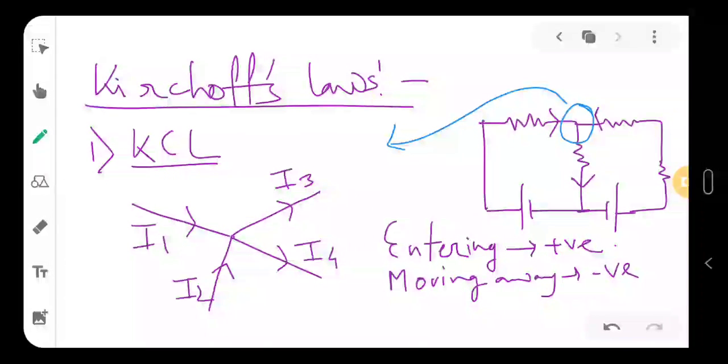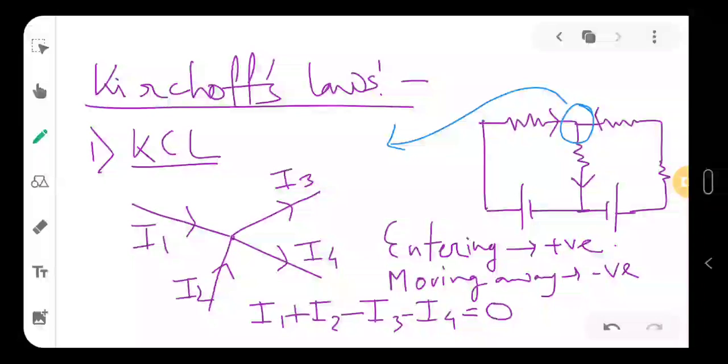Moving away means I3 is going away from this junction, I4 is going away from the junction. So if the entering is positive, I can write I1 plus I2, minus I3 minus I4 is equal to 0.